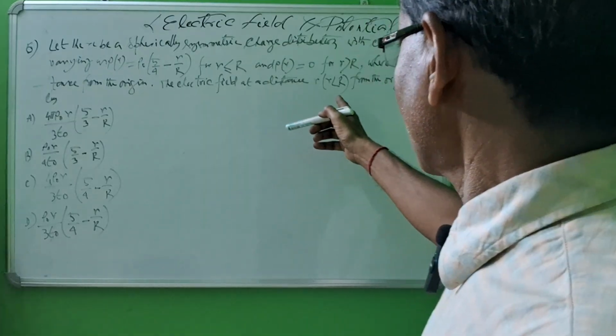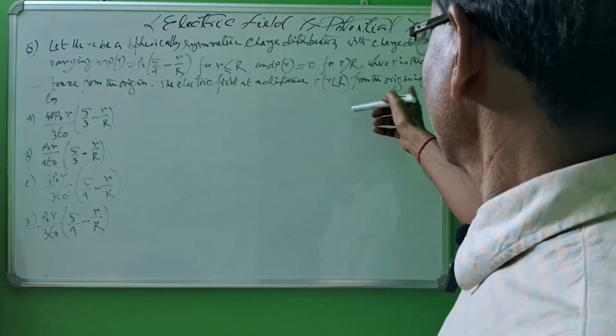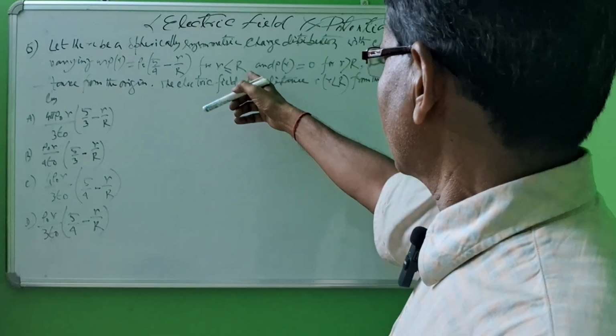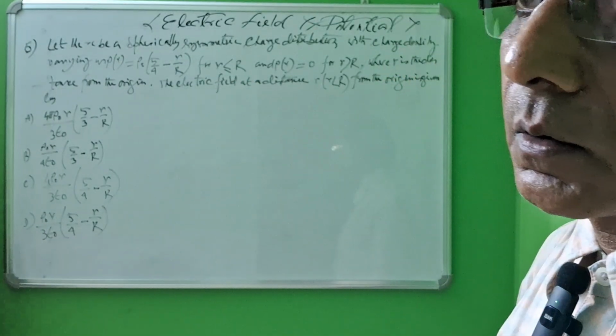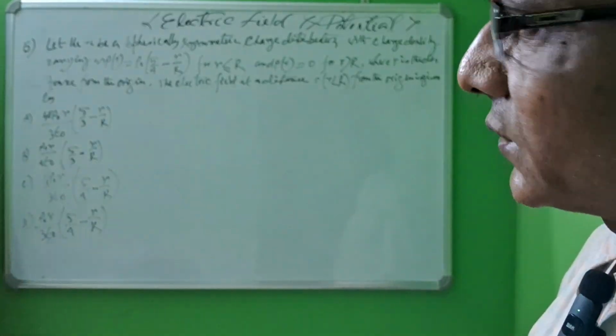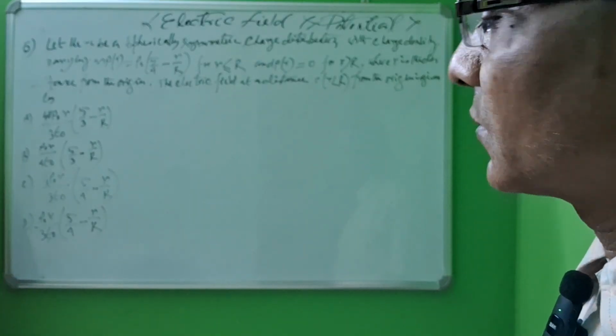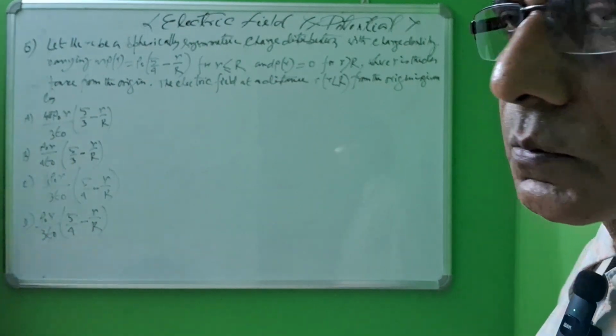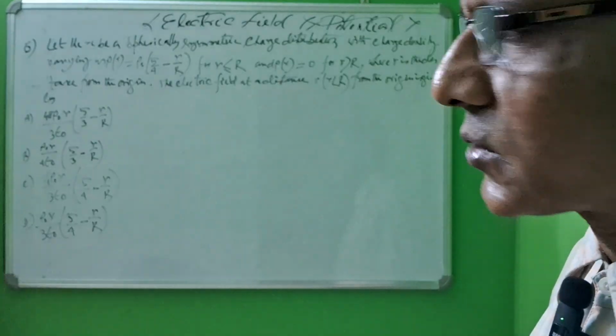Find the electric field at a distance r less than R from the origin. What is capital R? Capital R is the radius of the sphere.